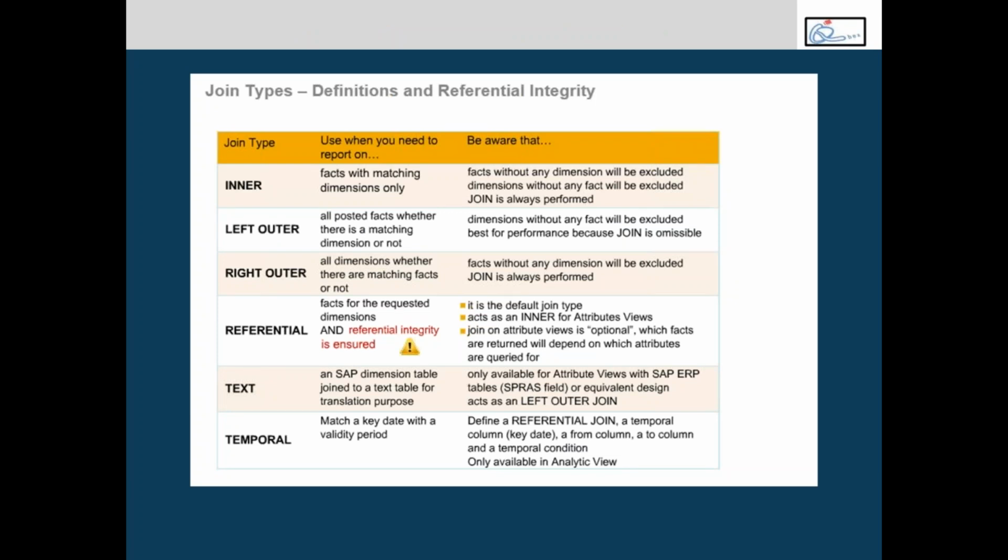So whenever you want to join data from two tables and, with the join, you would like to filter the data based on the login language, then you go with text join. If it is ECC tables, the language column would be SPRAS, and internally it acts as a left outer join. So even though there is no description, it will still bring that value for me.